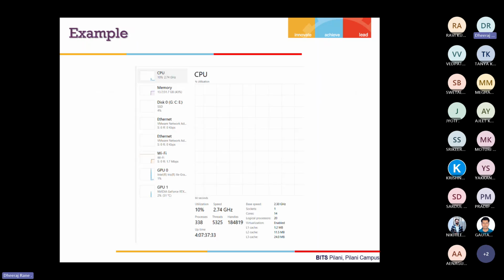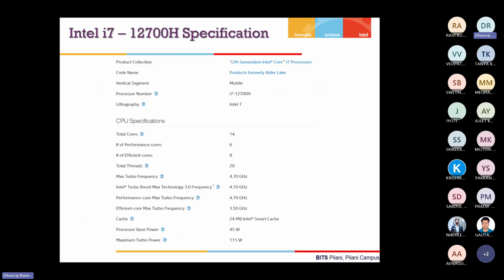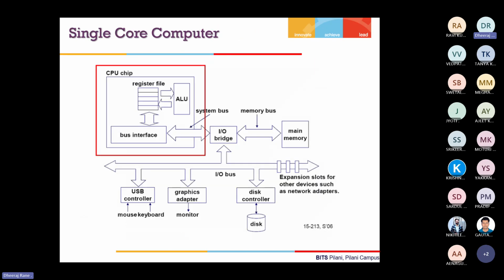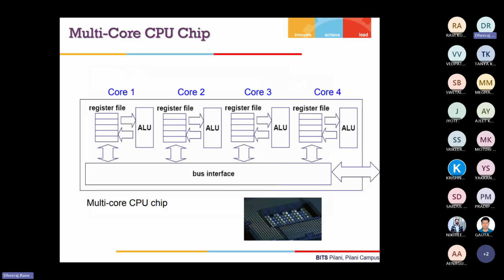So this is just the recap of the first few sessions we have gone through: the system configuration, the performance core, efficiency core, and the various specifications of the processor. In a single core processor, we have a CPU chip, and within the chip itself we have the arithmetic logic unit and other things.